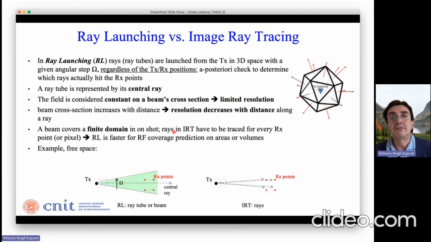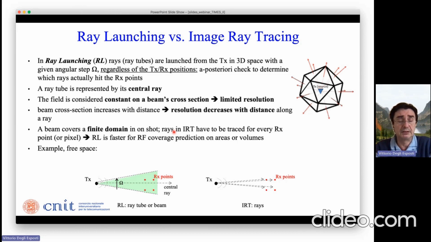What's the difference of ray launching versus image ray tracing? In ray launching, rays are launched regardless of the receiver point. Starting from the source, we launch rays, or better, ray tubes, because in this case a ray represents a whole ray tube around it.